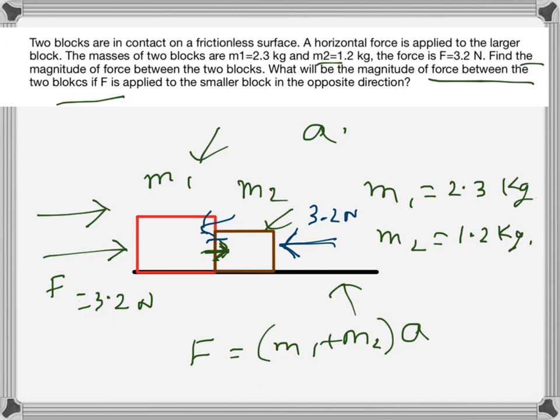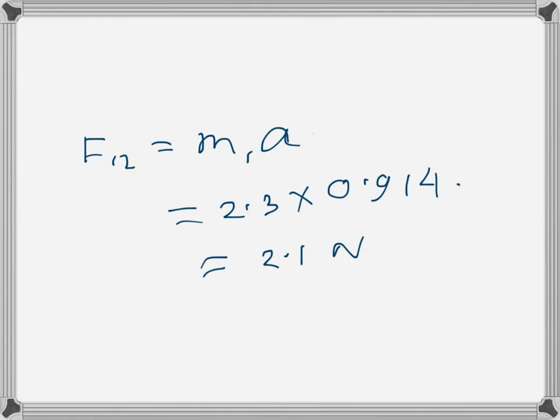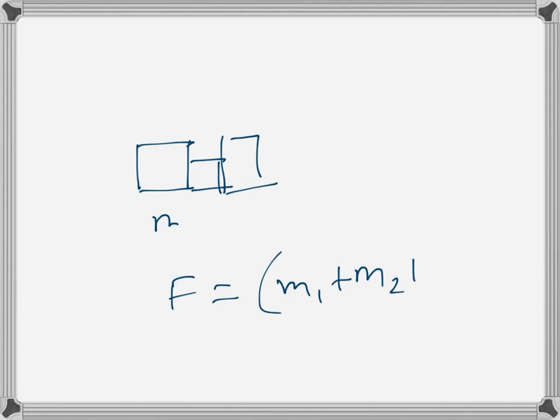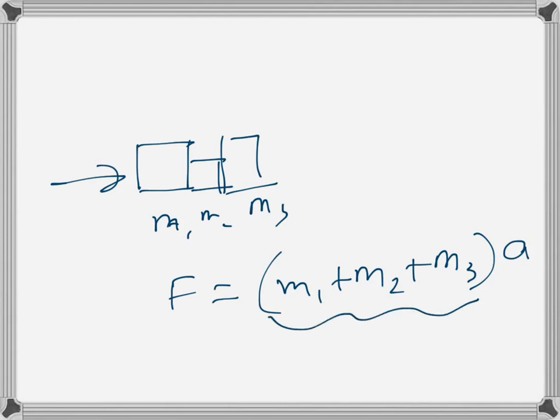So for example, if the same problem had three blocks like this, then of course the total force would be applied to the sum of all three masses, m1 plus m2 plus m3, times a. That total would be used to find the acceleration.